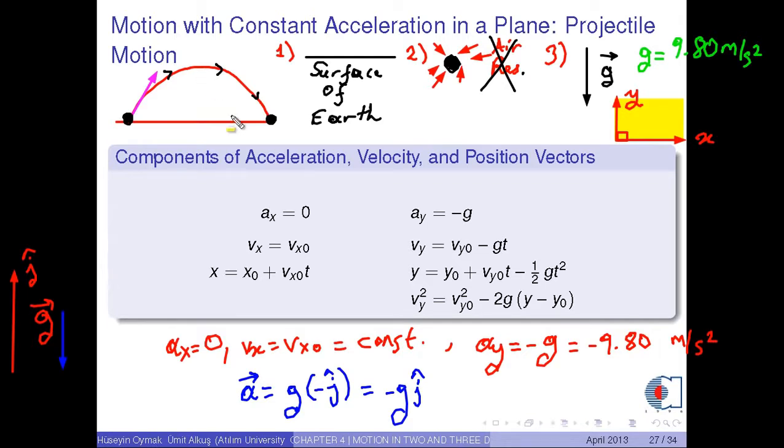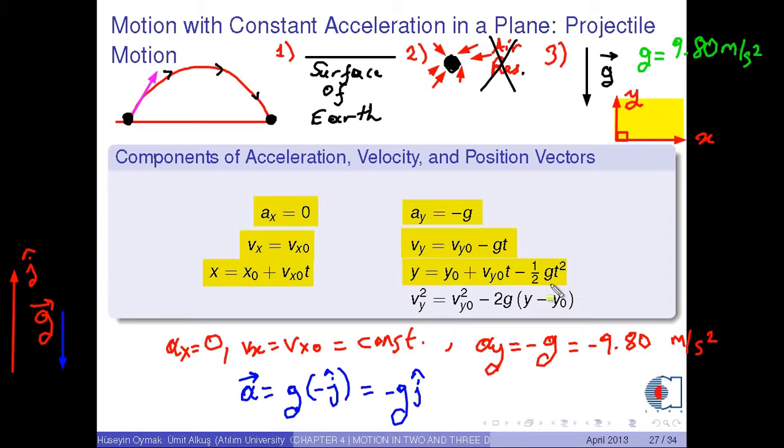With these choices, the set of equations developed in the preceding discussion will take the following general form. Ax equals 0, Vx equals Vx0, x equals x0 plus Vx0 t, Ay equals minus g, Vy equals Vy0 minus gt, y equals y0 plus Vy0 t minus 1 over 2 g t squared.